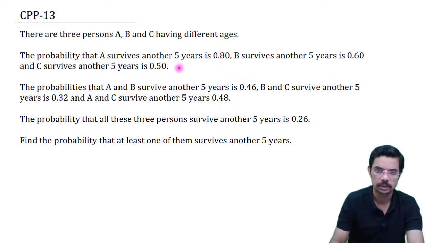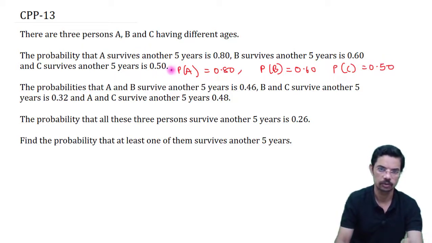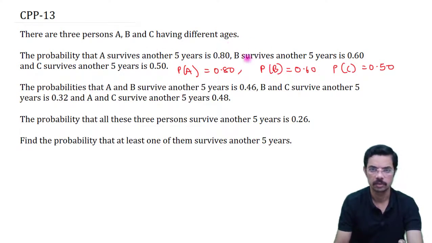Okay, so let me write this as P of A is equal to 0.80, P of B is equal to 0.60, and P of C will be equal to 0.50 as per given. Where we assume that A is the event that A survives for 5 years, B is the event that B survives for 5 years, and so on.